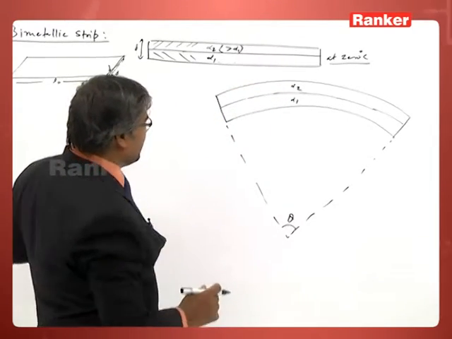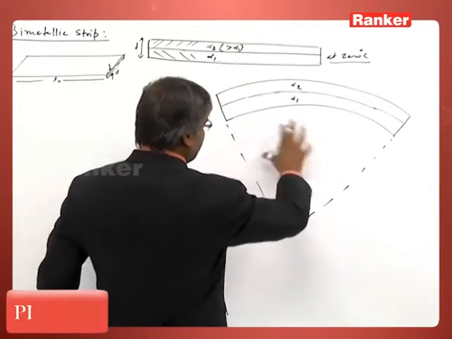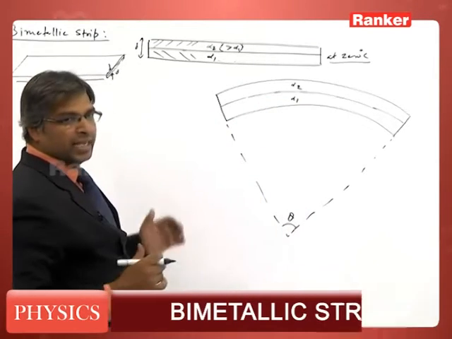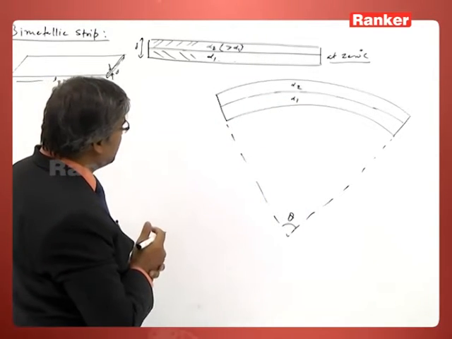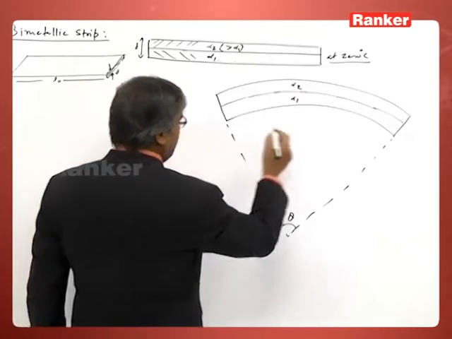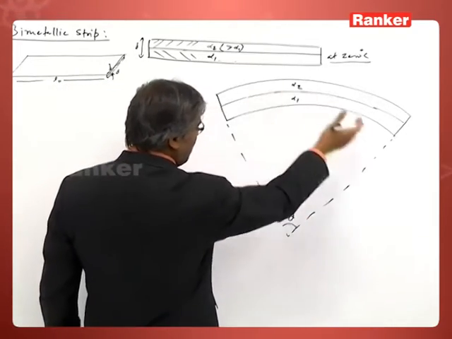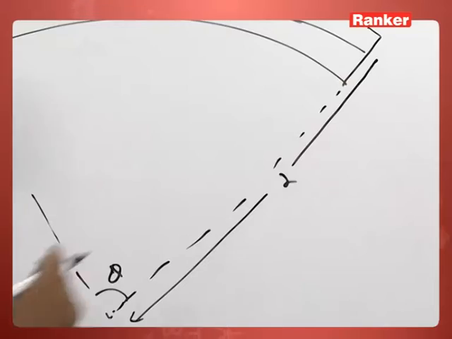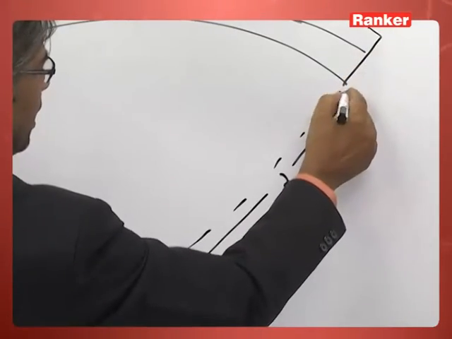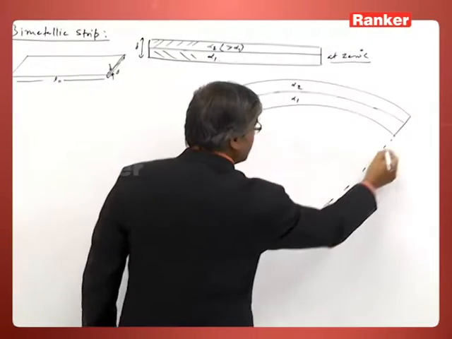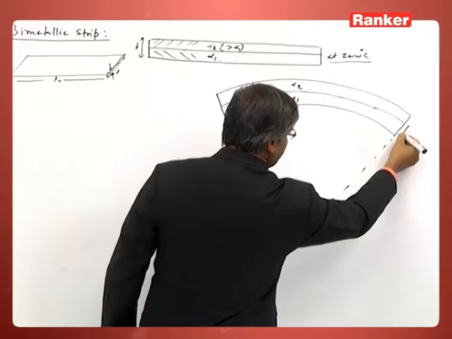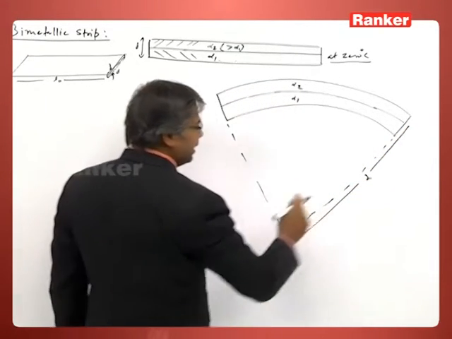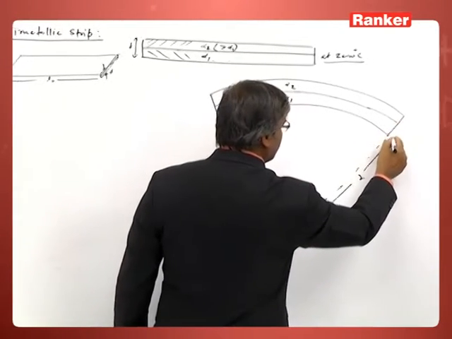Now, we are interested in knowing its radius of curvature, how it bends and all those things. If this forms an arc, then this angle is theta. Suppose this distance is r.